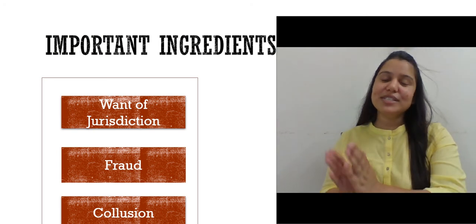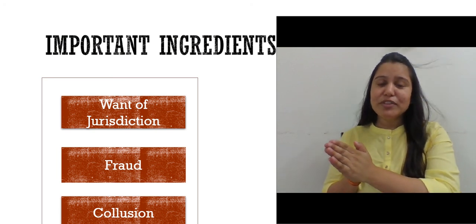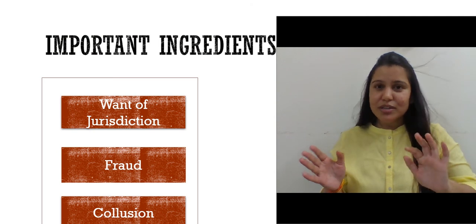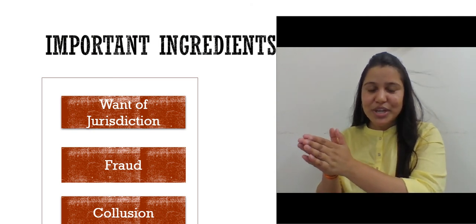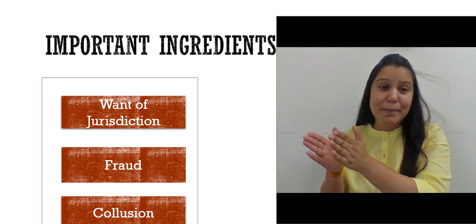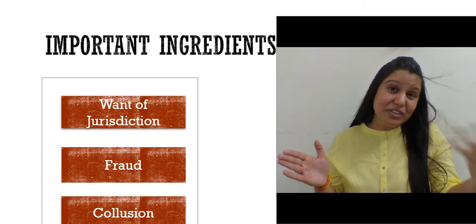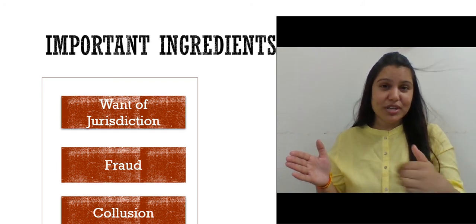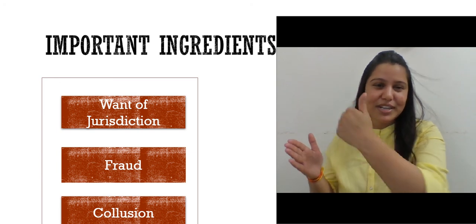So in the present case, supposing the previous judgment is creating a bar. Let's take the example of section 40. This is creating a bar. But now if they prove somewhere that the previous judgment was given by a court which had no jurisdiction, then this bar will be taken away and the court will entertain it.